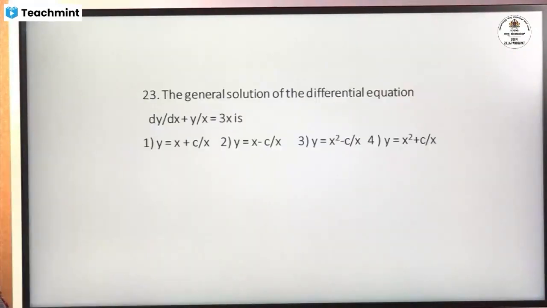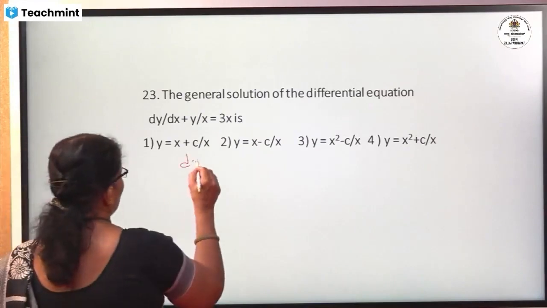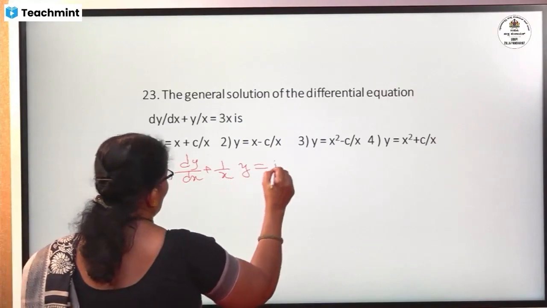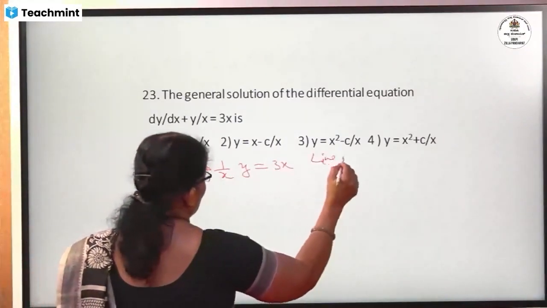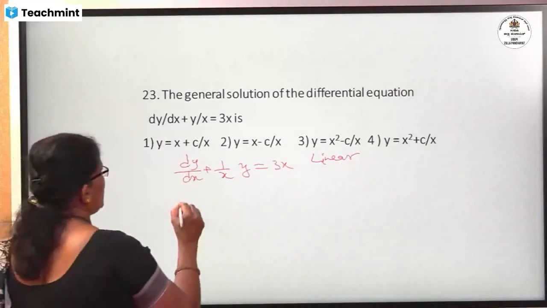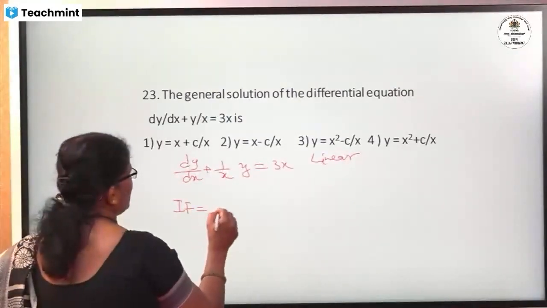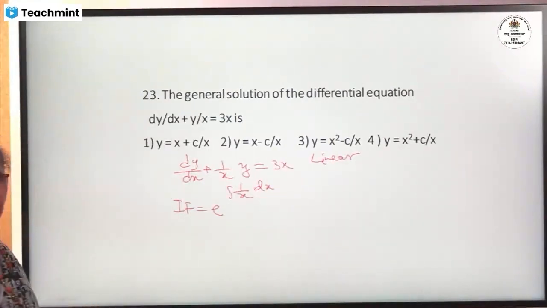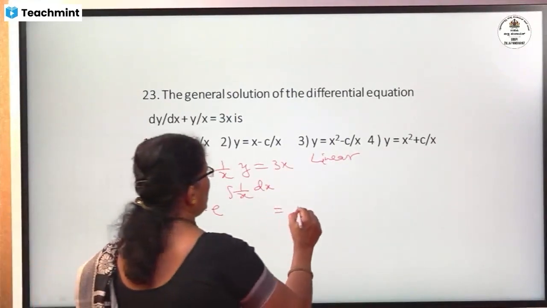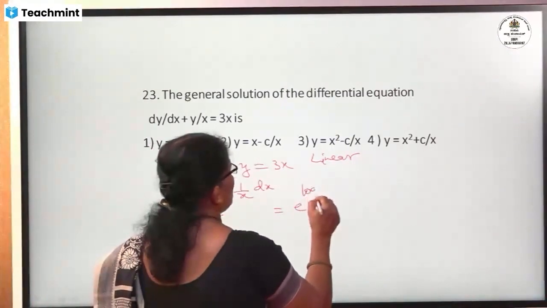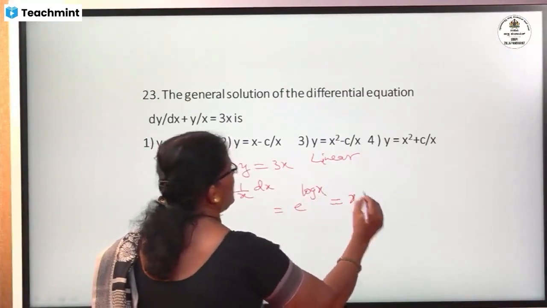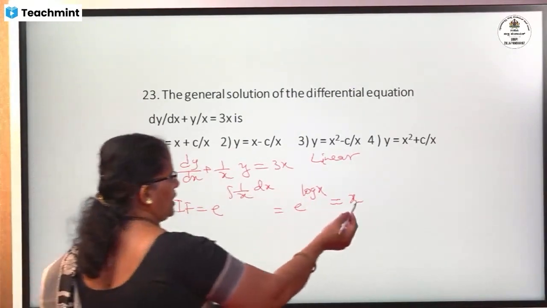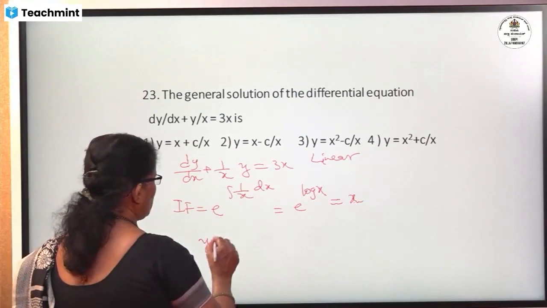So the next question, what I have here, dy by dx plus 1 by x into y equal to 3x. Can you see that this is a linear differential equation? So I have to find the integrating factor, e power integral 1 by x dx. And 1 by x integral is log x. E and log are inverse functions of each other. Therefore, what I get is x. So what should be the solution?